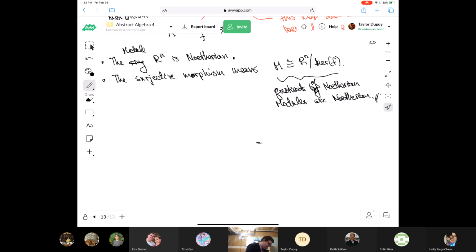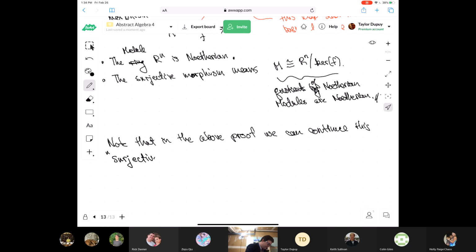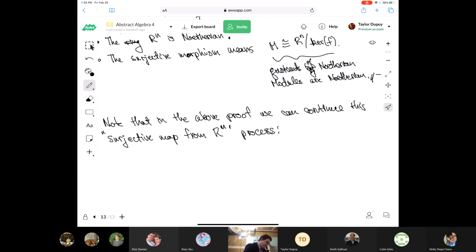Note that in the above proof, we can continue this process, this surjective map from R to some power.